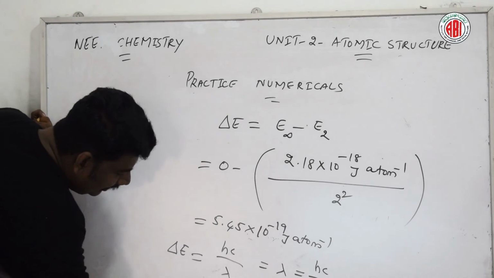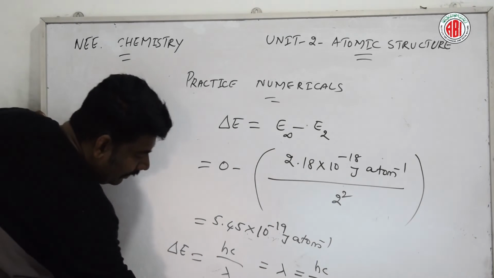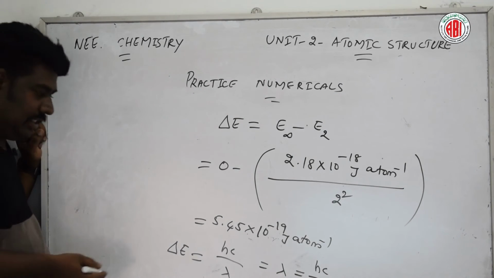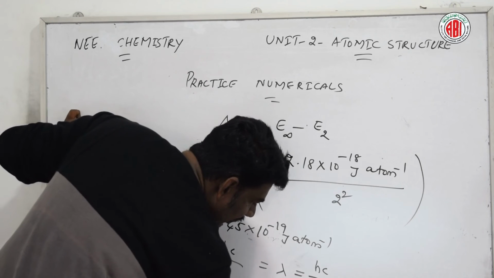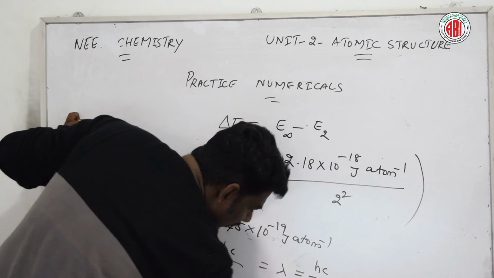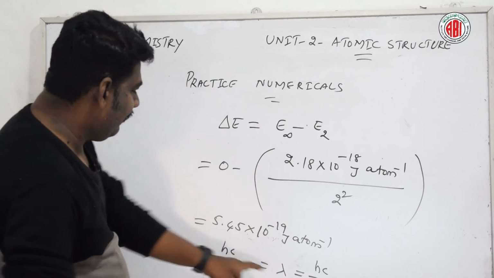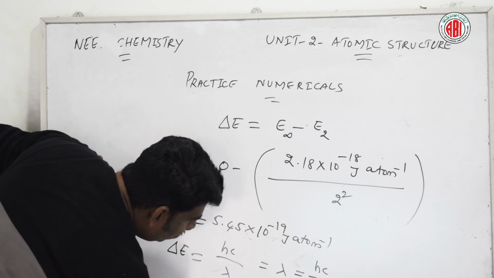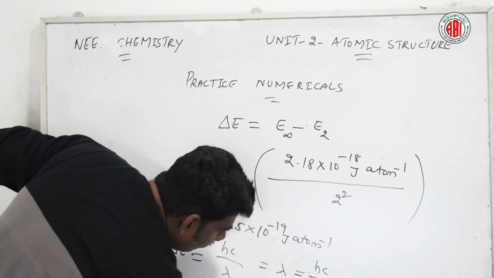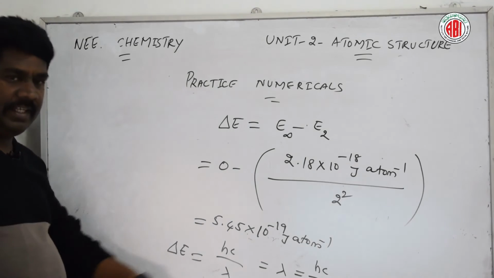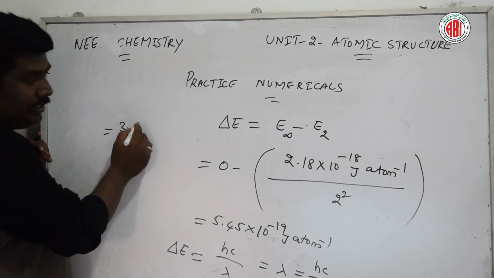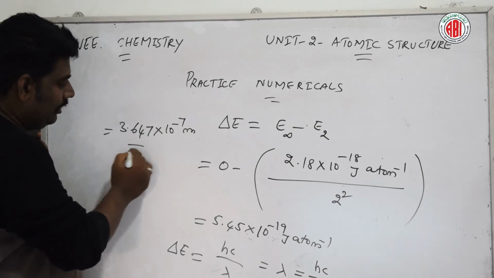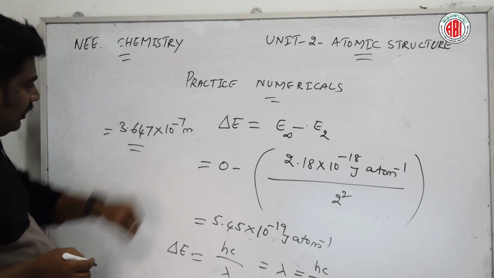Planck's constant is 6.626 into 10 to the power of minus 34 joule second, c stands for the speed of light, 3 into 10 to the power of 8 meter per second, divided by delta E. We have the value for delta E here, that is 5.45 into 10 to the power of minus 19 joule per atom. Simplifying this we get 3.647 into 10 to the power of minus 7 meter. Yes, we get the answer.